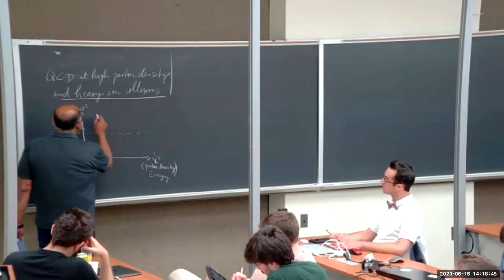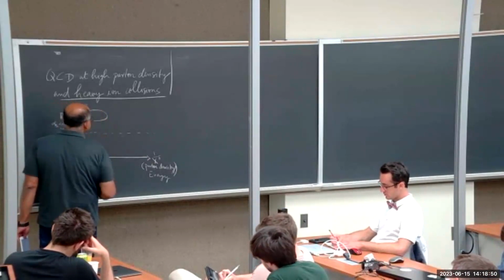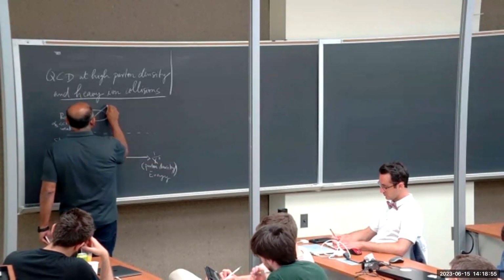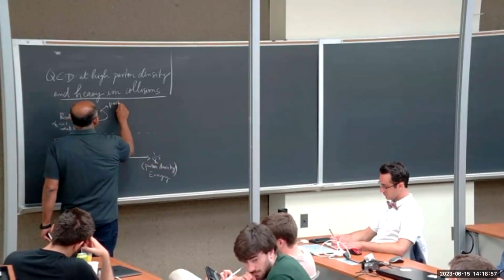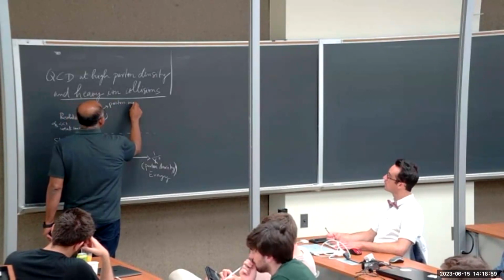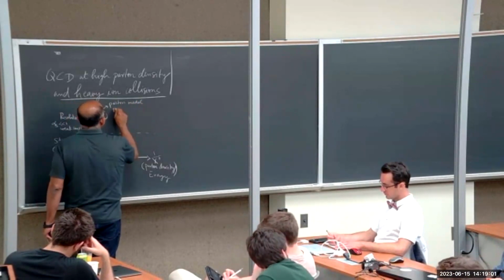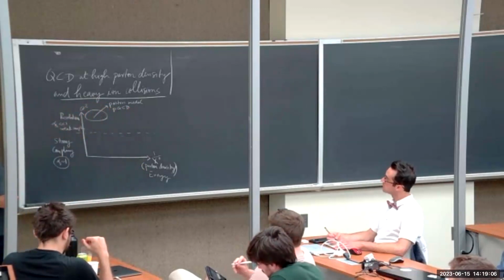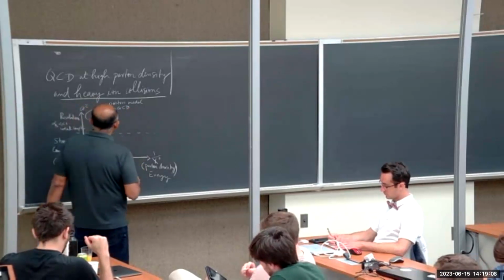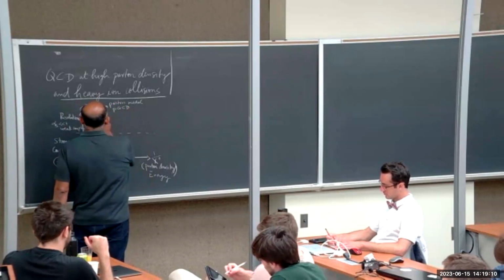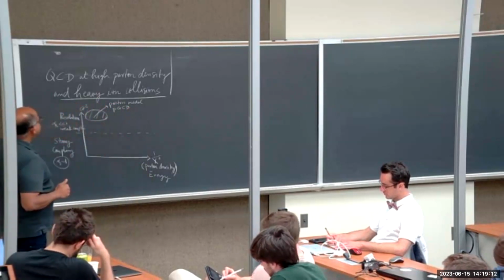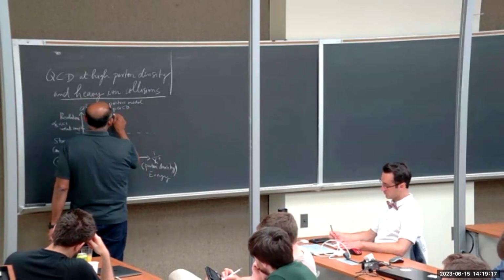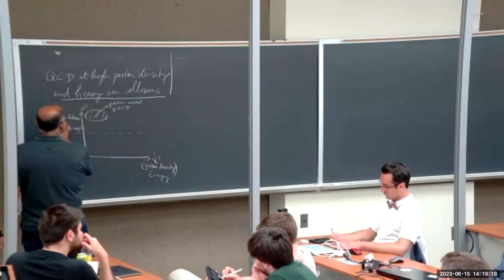So when you sit in this corner of this quote-unquote phase diagram, that's the parton model, right? So the parton model, perturbative QCD, jet physics, all the precision machinery of QCD really works here. The coupling runs as a function of Q squared.